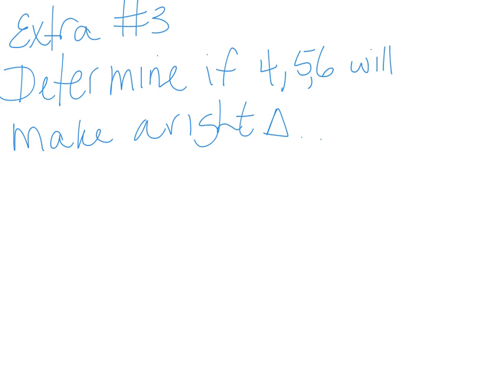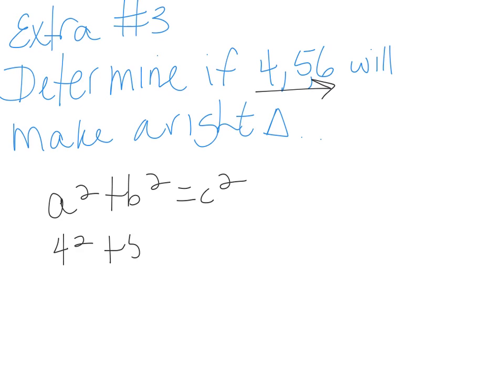Okay, and the last one that you want to do as an extra is determine if 4, 5, 6 will make a right triangle. So now we're trying to determine if it will work or not. So we use the same Pythagorean theorem, A squared plus B squared equals C squared, and we're going to plug them in order since C is always our longest side. 4 squared plus 5 squared equals 6 squared.